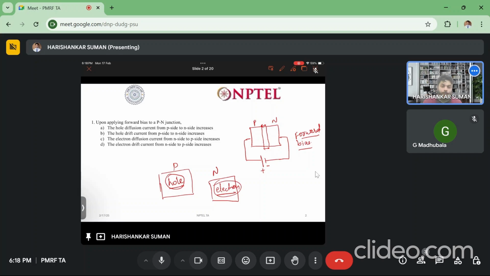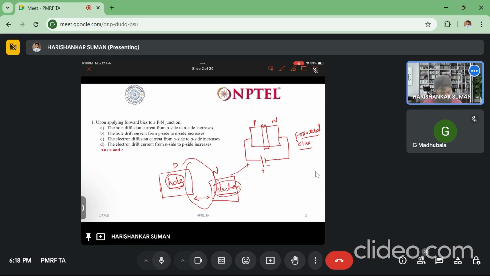When we bring together these two, first they form a depletion region between the contact.